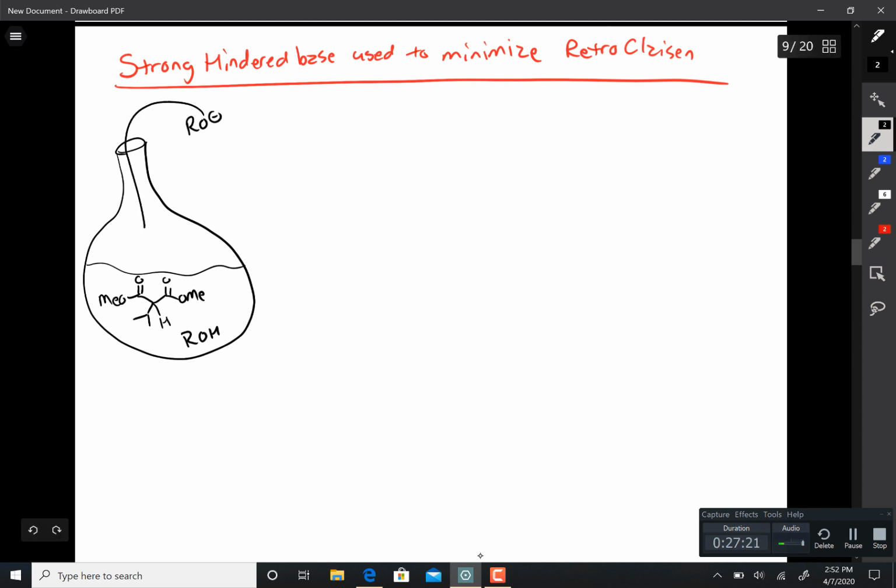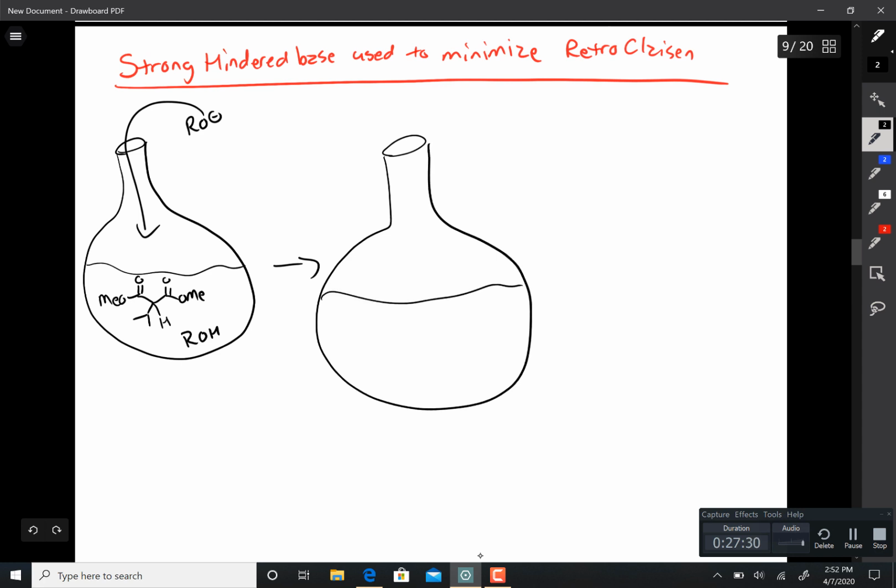You add in your alkoxide to that, and you get the deprotonation. But you also have a bit of lingering RO minus in there.